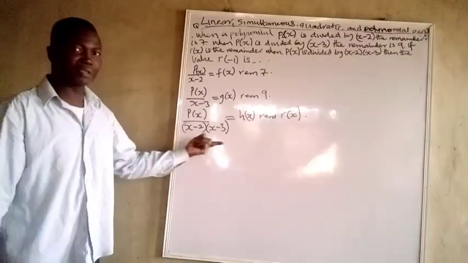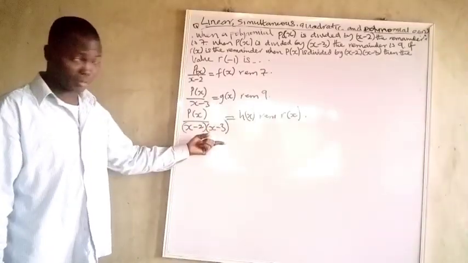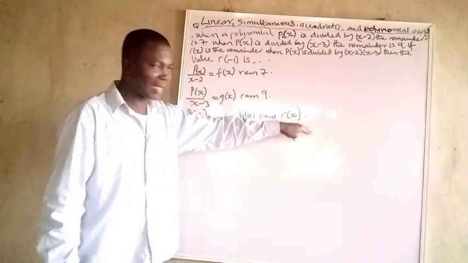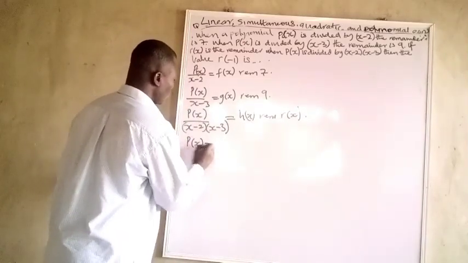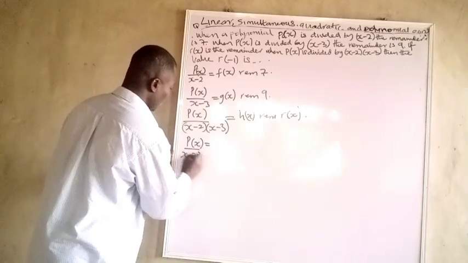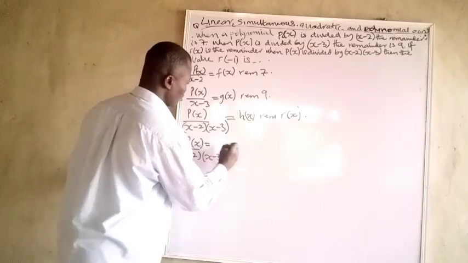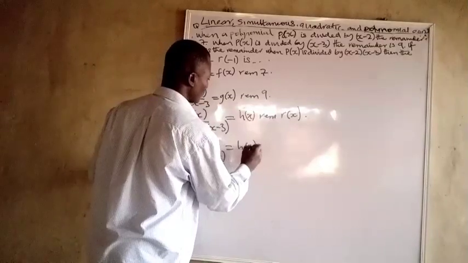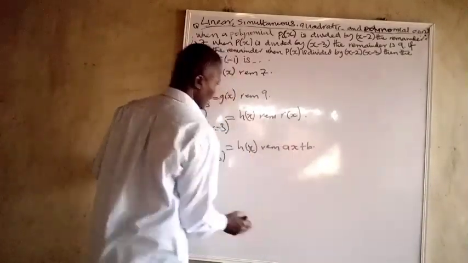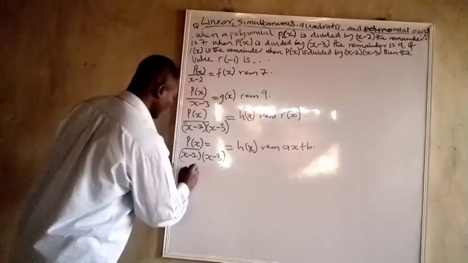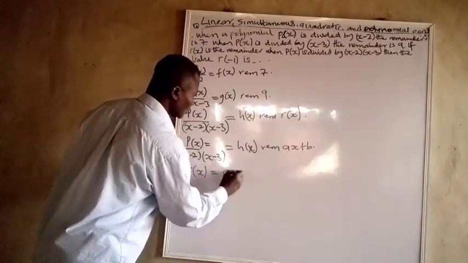And because this one is divided by a quadratic, the remainder will be expressed as a linear expression. So let me express it. We have px over x minus 2 into x minus 3 is equal to hx, remainder ax plus b. So rx will be equal to ax plus b.